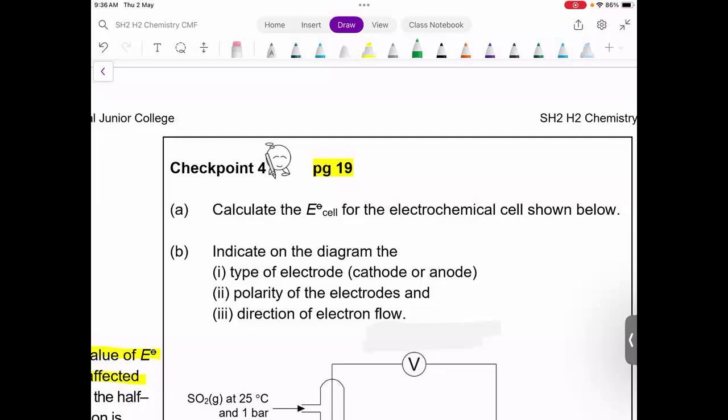Okay, so for this one, you have to choose the correct half cell. So remember the definition of a half cell. It must be an element existing in 2 different oxidation numbers. Okay, so you must choose the correct half cell. If you choose it wrongly, then you will make a wrong conclusion, of course.